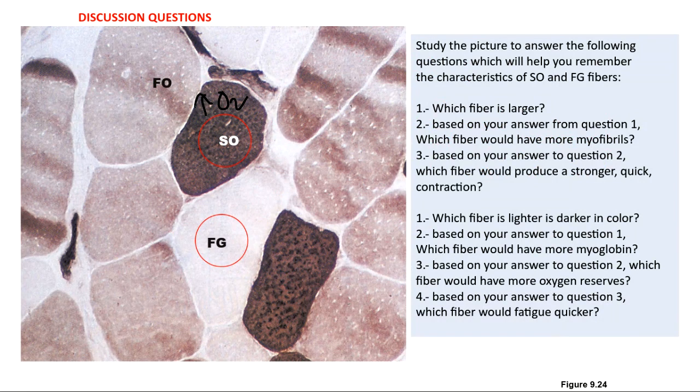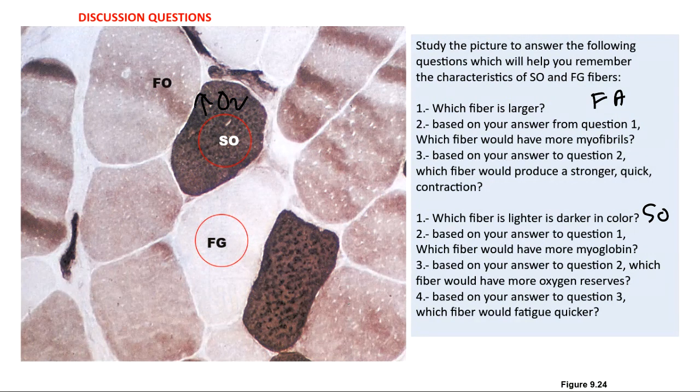That makes sense, because these are the fibers that are going to use aerobic respiration as their metabolic pathway to make ATP. So these fibers are going to have more myoglobin.